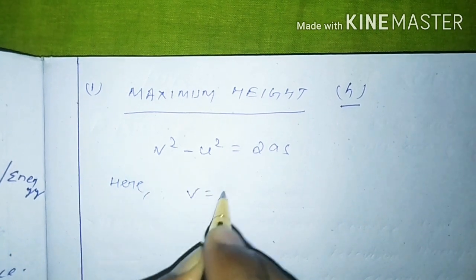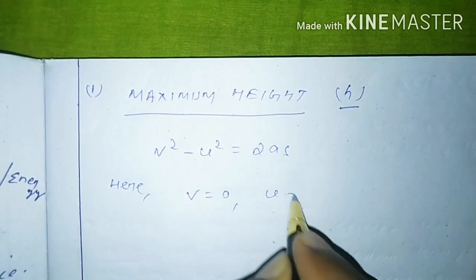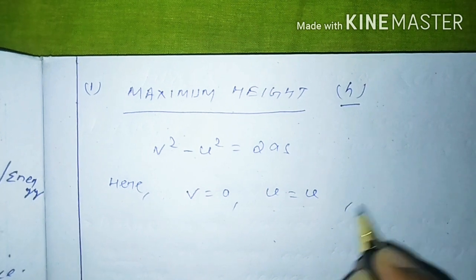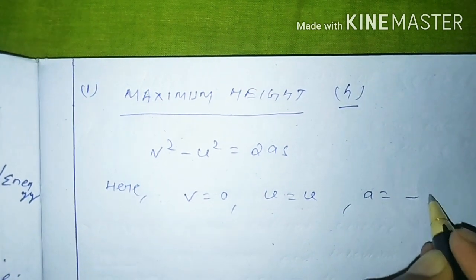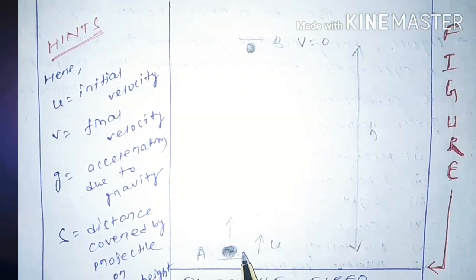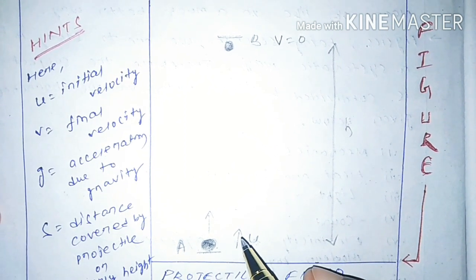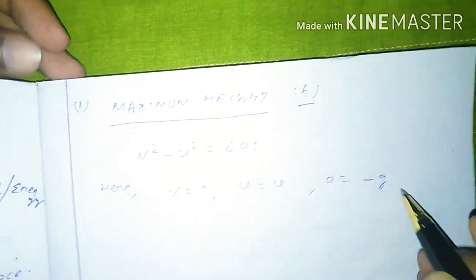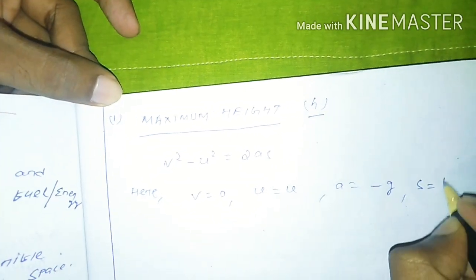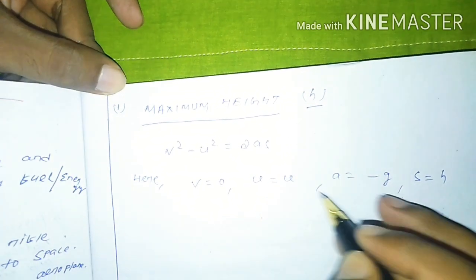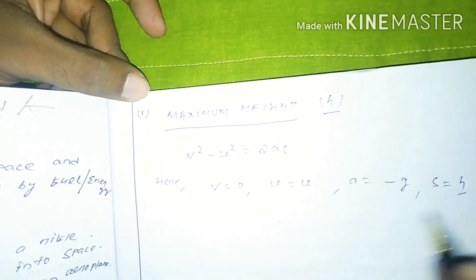Here v is equal to 0, u is equal to u, a is equal to minus g, because our projectile is moving from the earth, so g is negative. Then a equals minus g and s is equal to h, because the distance covered by the projectile we denoted as h.